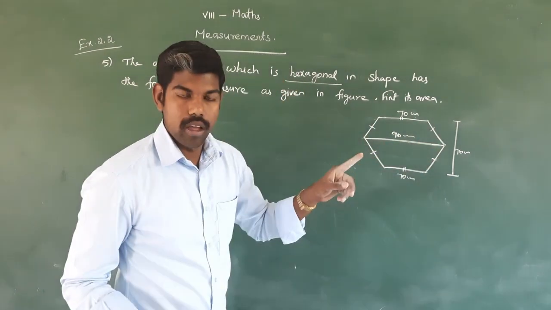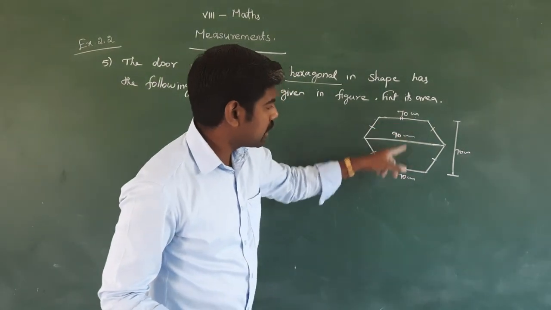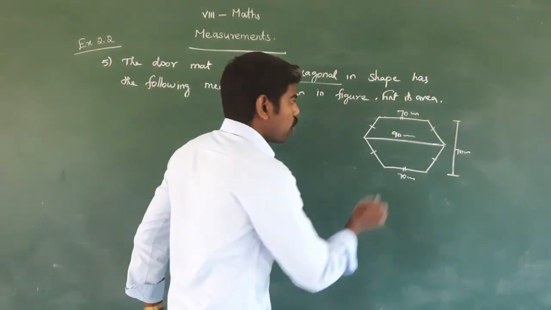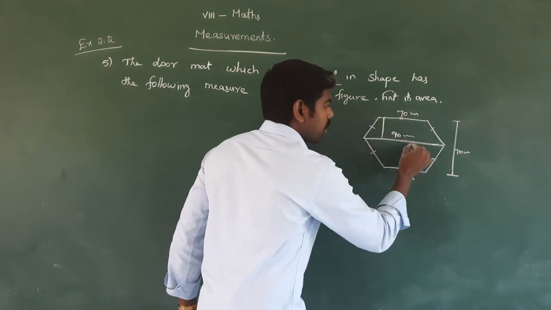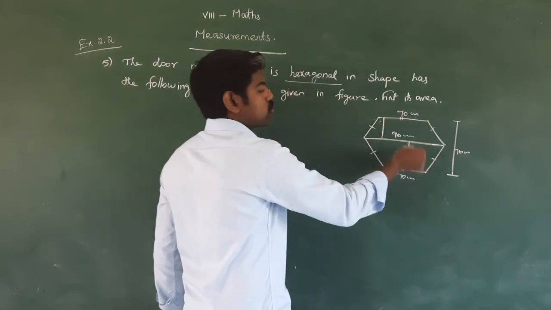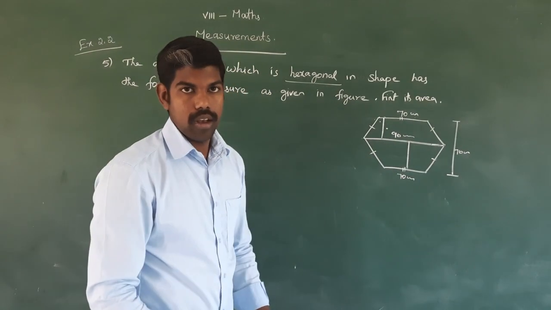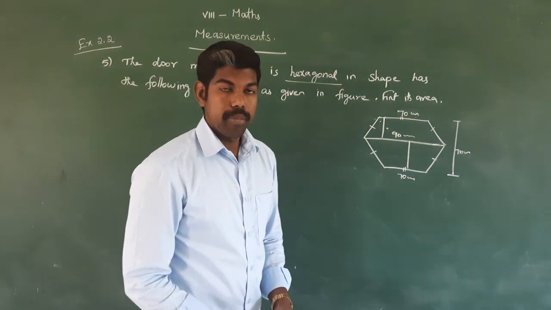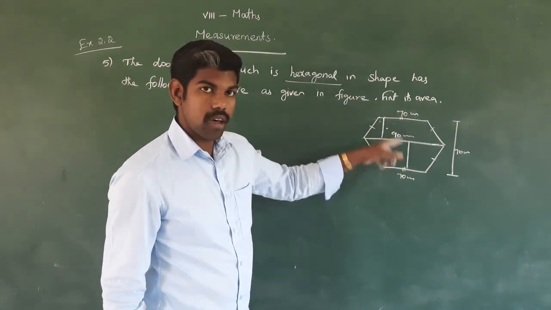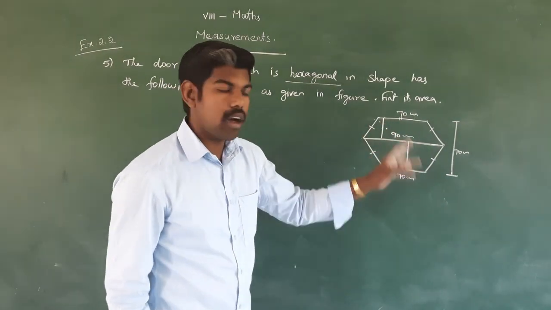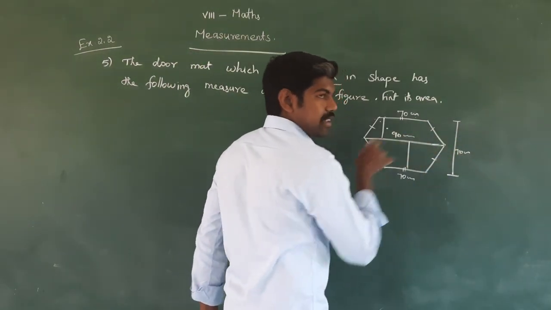These four sides are equal, and here these two sides are equal. Therefore, we have the same heights. This height and this height, two heights are equal. Are you understanding? Because the measurements are equal, therefore the heights are also equal. So total height is 70 centimeter.